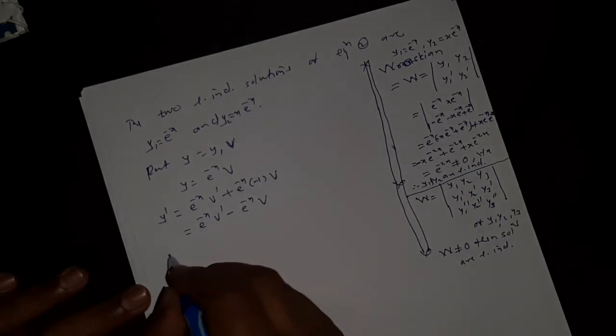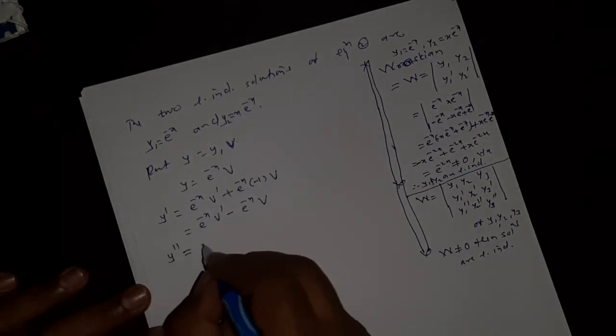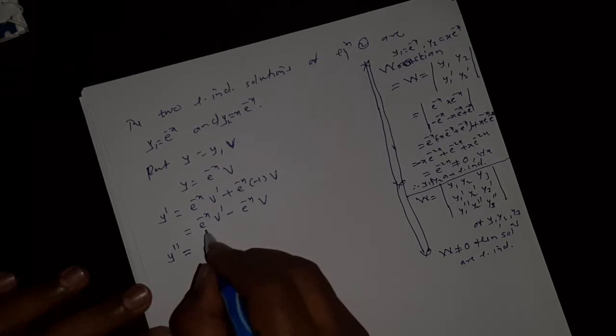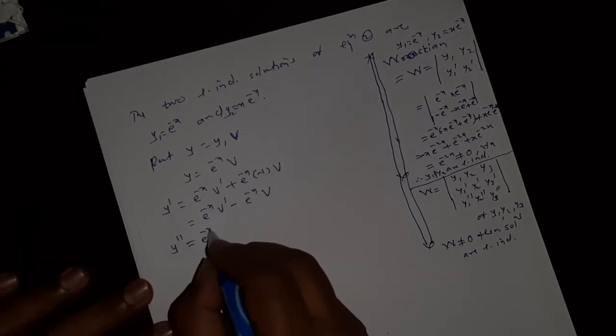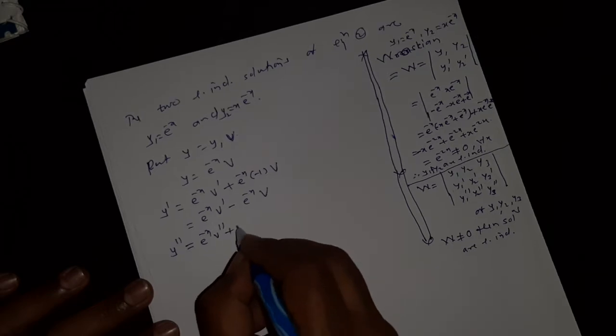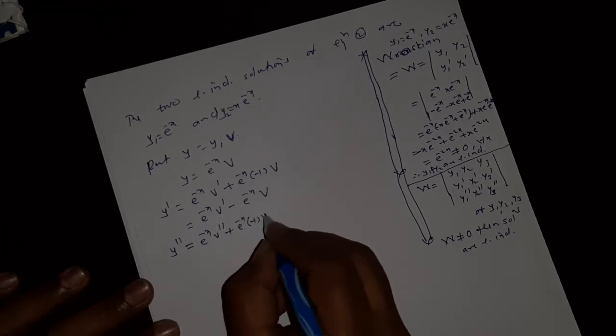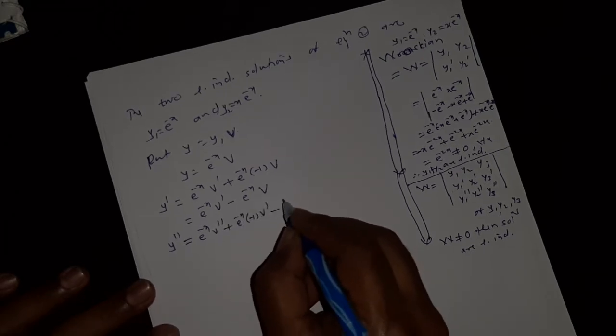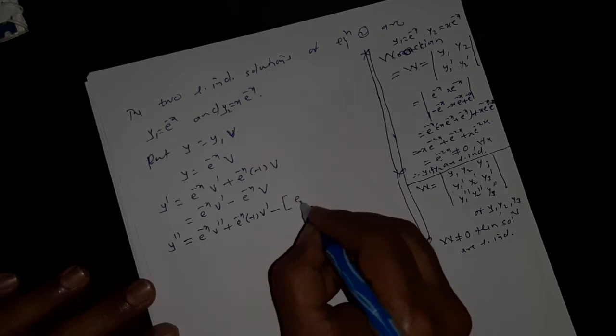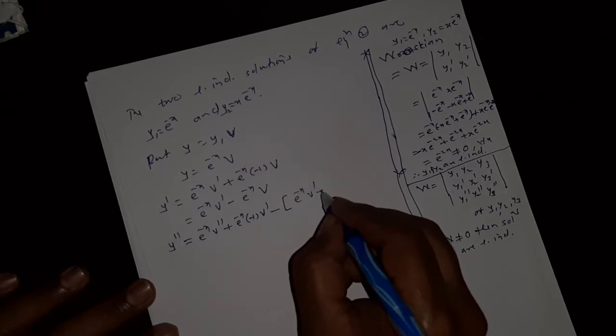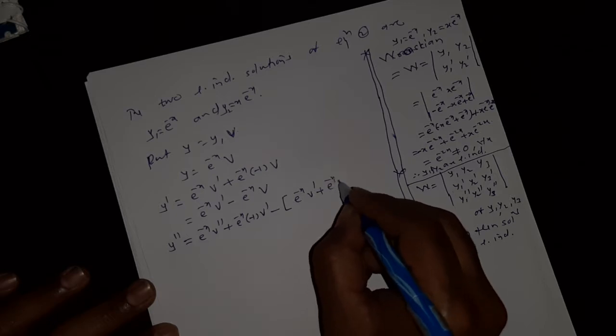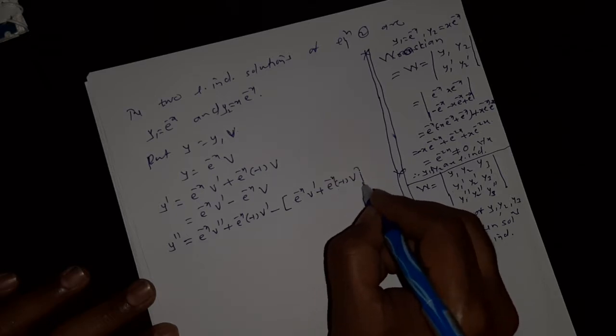And what is y double dash? Again u into v rule: e raised to minus x v double dash plus derivative of e raised to minus x, this is minus, in bracket e raised to minus x v dash plus e raised to minus x into minus 1 v, u into v rule for this.